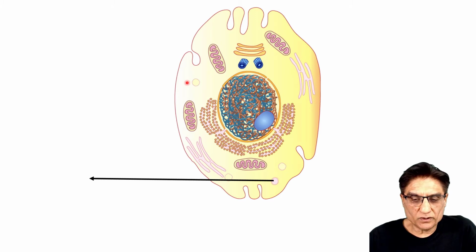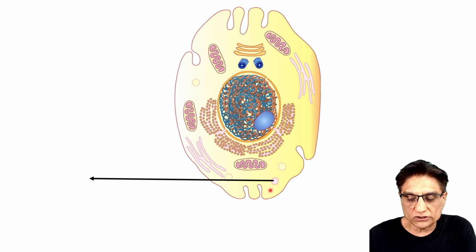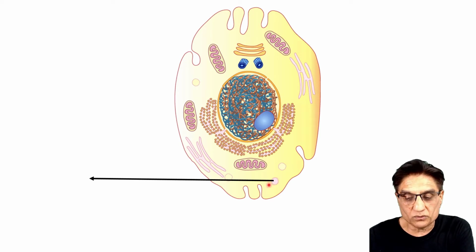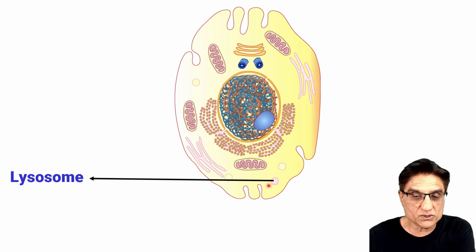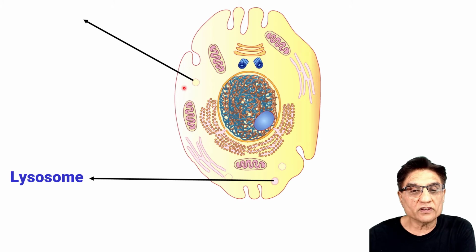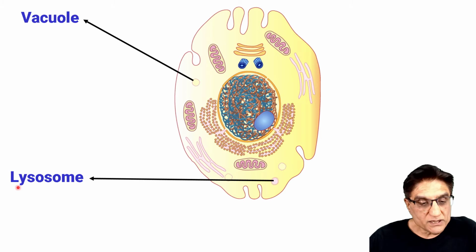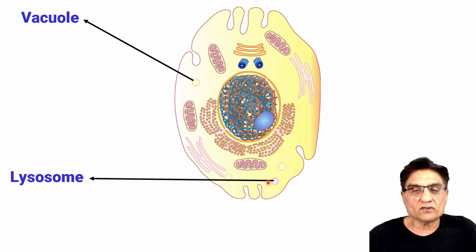Inside the cell, we also have two other organelles. They are sac-like structures. One is a double membrane bound sac-like structure called the lysosome. Another one is a single membrane bound structure called the vacuole. The lysosomes are filled with enzymes.